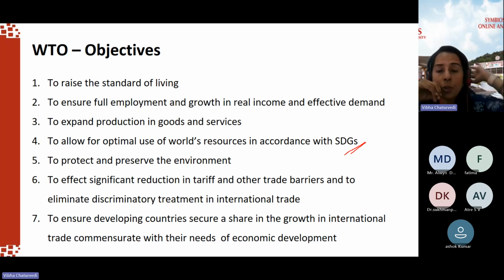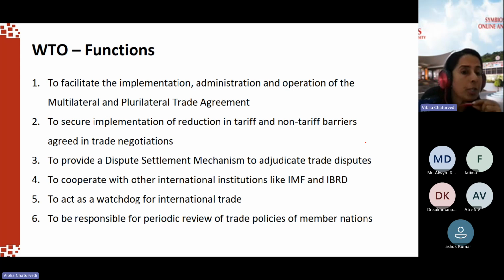So the WTO, any international trade, must help all countries to grow in a similar manner rather than one at the cost of the other. So the concept of Pareto optimality of welfare economics, that is, someone being better off without anyone else being worse off.